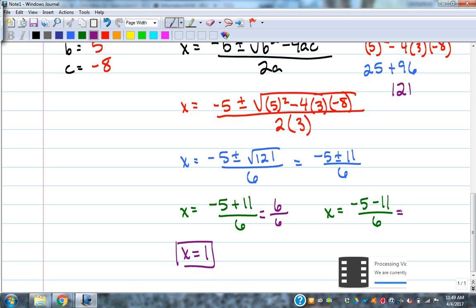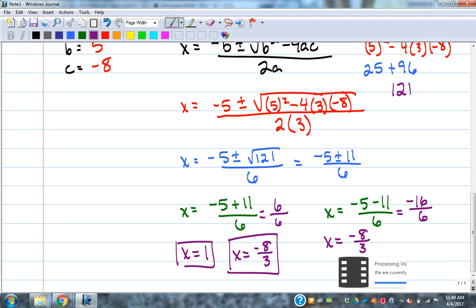And then -5 minus 11 would be -16 over 6, which, reduced, would be x equals -8 over 3. Two real solutions there using the quadratic formula to solve.